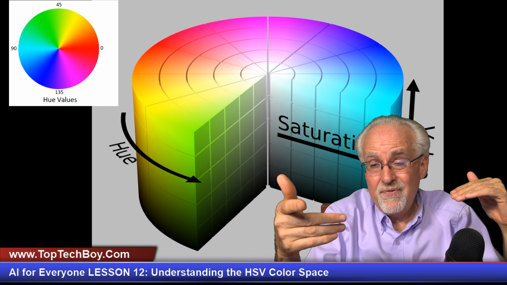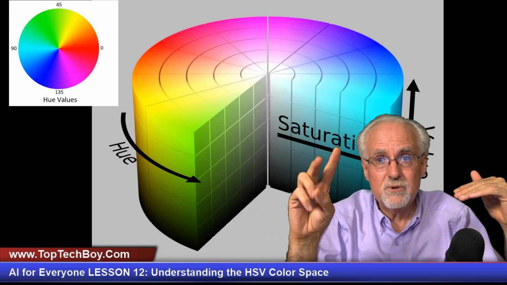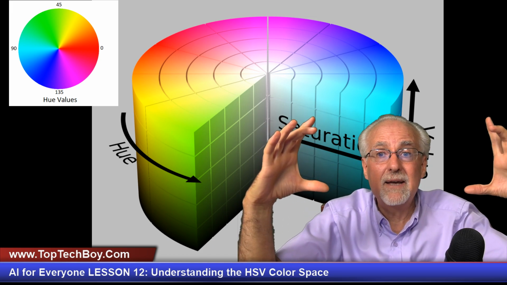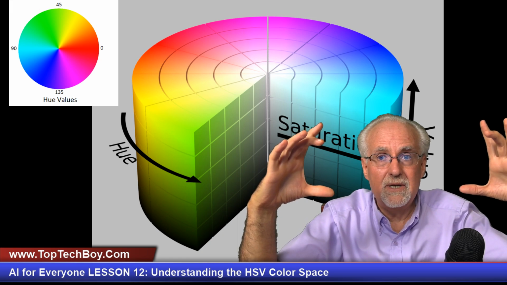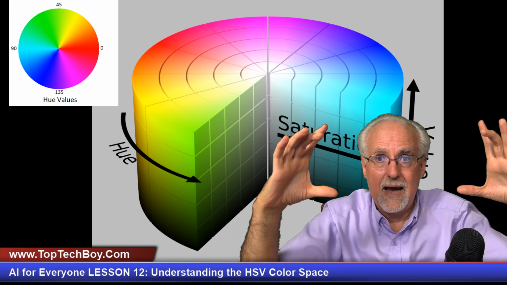There are three numbers, hue, saturation, and value, and you can only change two of them. So on that picture, make the value 255, which basically means the value isn't going to have that black mixed in.